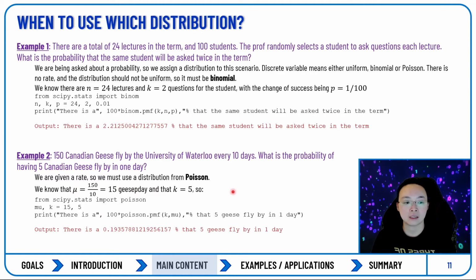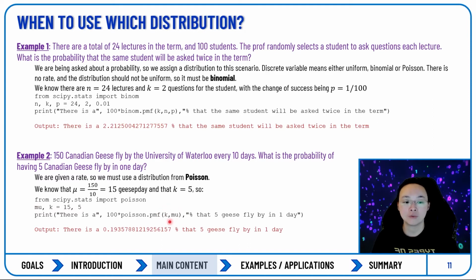And we want to figure out the probability of 5 geese flying by in one day. So we're going to use the Poisson function from scipy.stats. We define mu and k as 15 and 5 respectively. And then we just use the PMF function with k and mu. And I specifically have these reversed to let you know that I didn't do this on purpose.